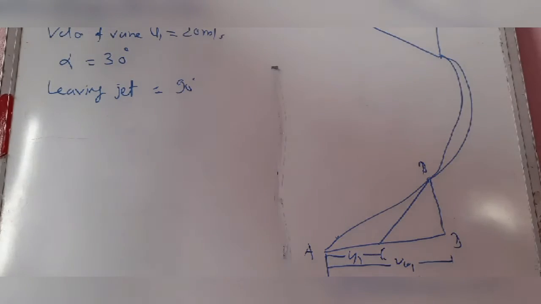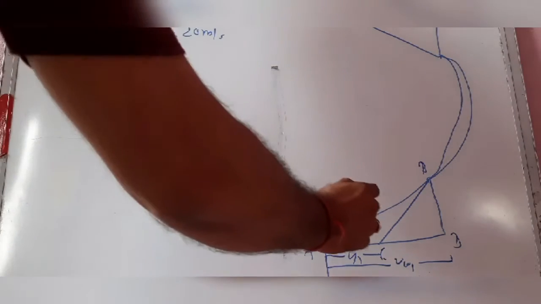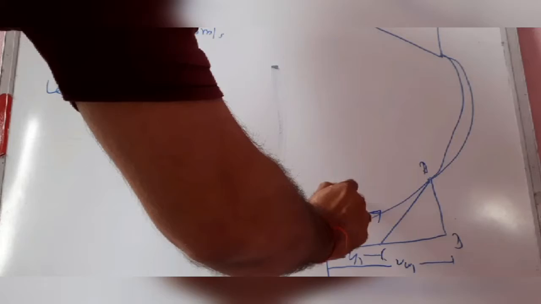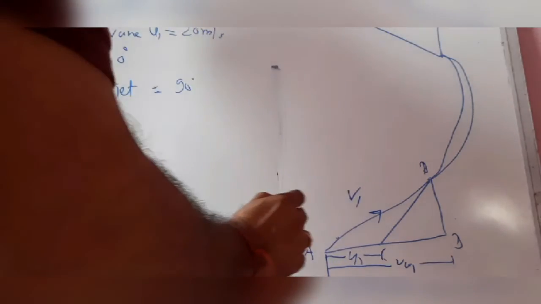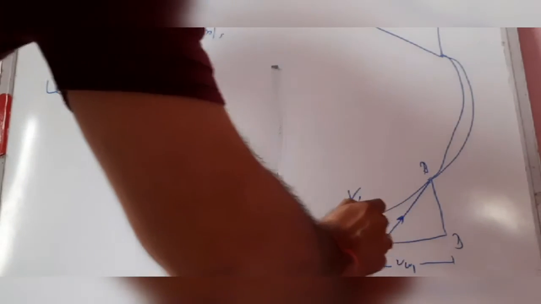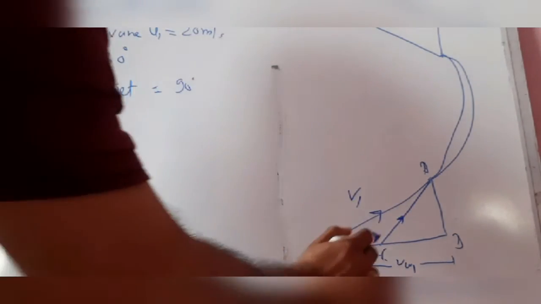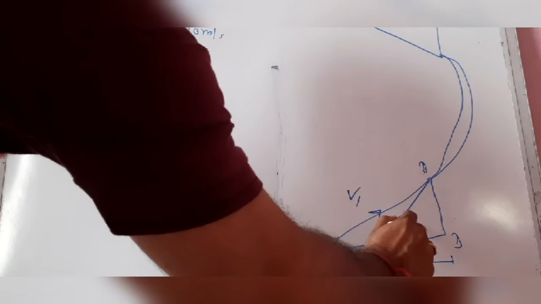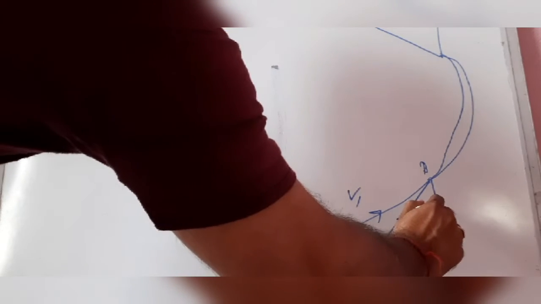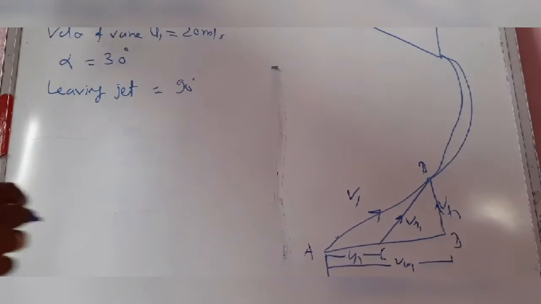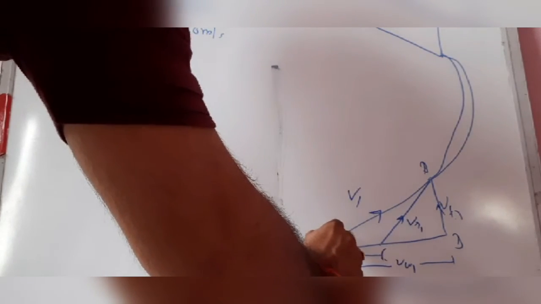This is V1, VF1, VR1 and VF1. This is angle alpha and this one is theta.